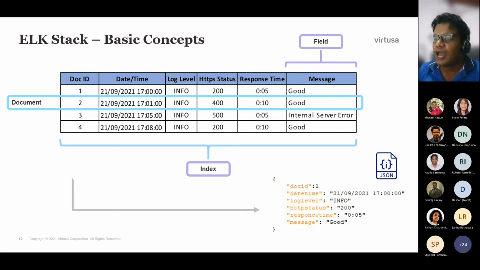The way it stores the data is what we call an index, and the index we can map to a table in the database. Assume your personal data is held in one table, so that is one index in the Elasticsearch world. And what is a document?